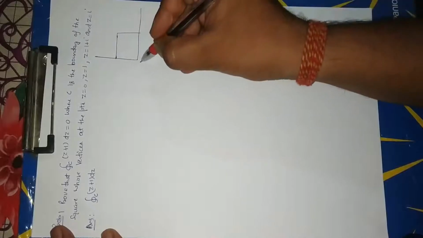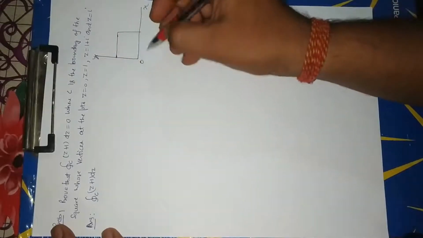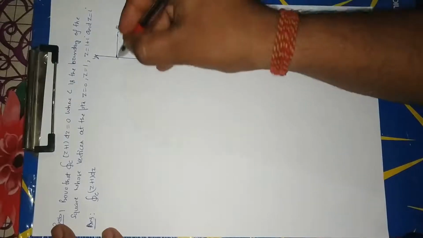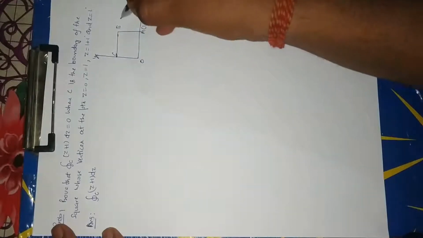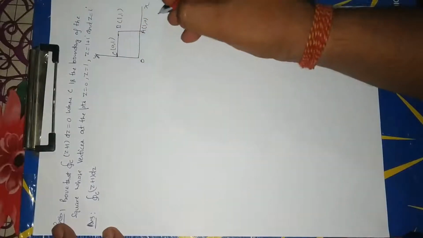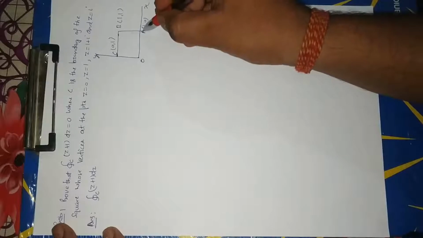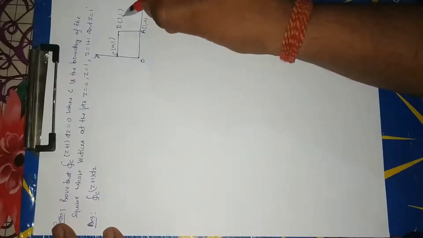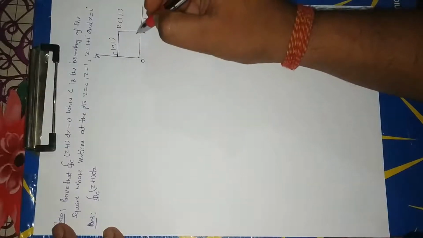This is the x-axis, y-axis. Now this is origin. These are points A, B, C, with positions A (1, 0), B (1, 1), C (0, 1). This is z equal to 0 point, z equal to 1 point, the position of B is z equal to 1 plus i, and the position of C is z equal to i.